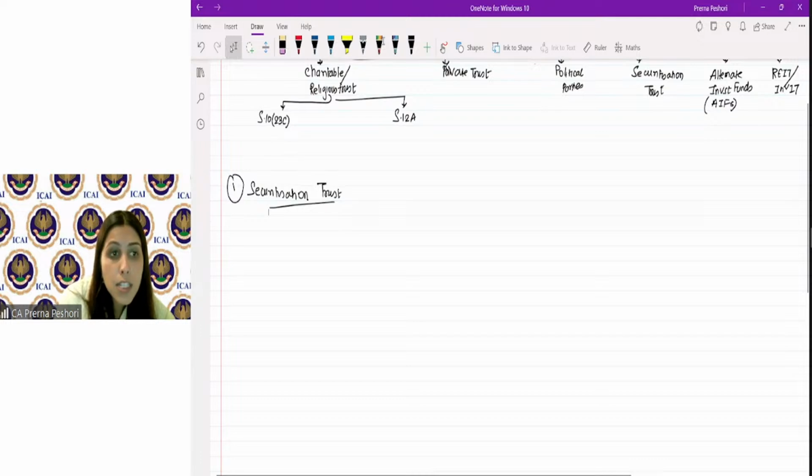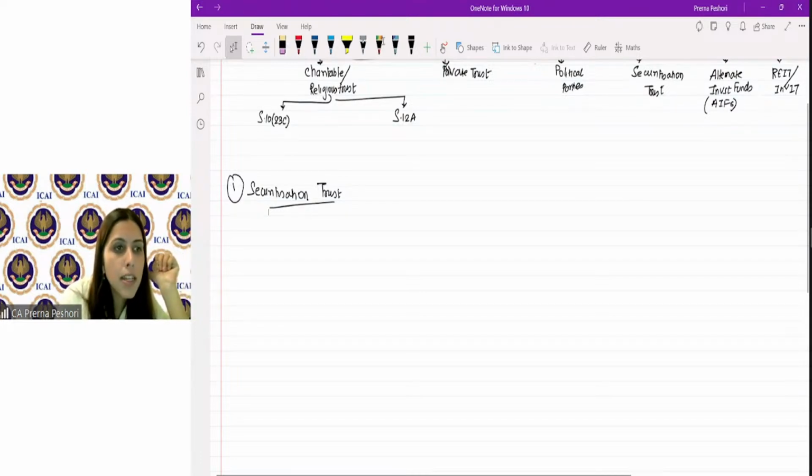Now, what is the specific purpose? Let's understand with the help of an example. I will explain the principle of mutuality once more before the end of the class. Do not worry. But first, we'll talk about the securitization trust.